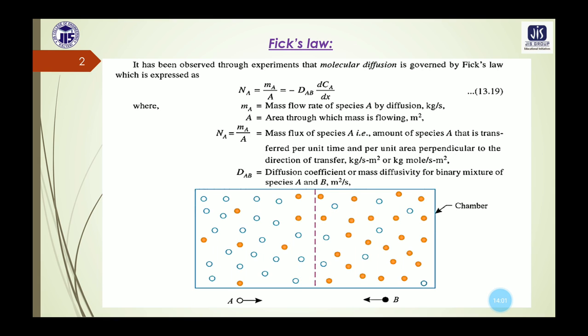So it has the same unit as the kinematic viscosity nu, which we have studied in fluid mechanics. That kinematic viscosity was dynamic viscosity by density, mu by rho. So mass diffusivity and kinematic viscosity have the same unit, which is meter square per second.